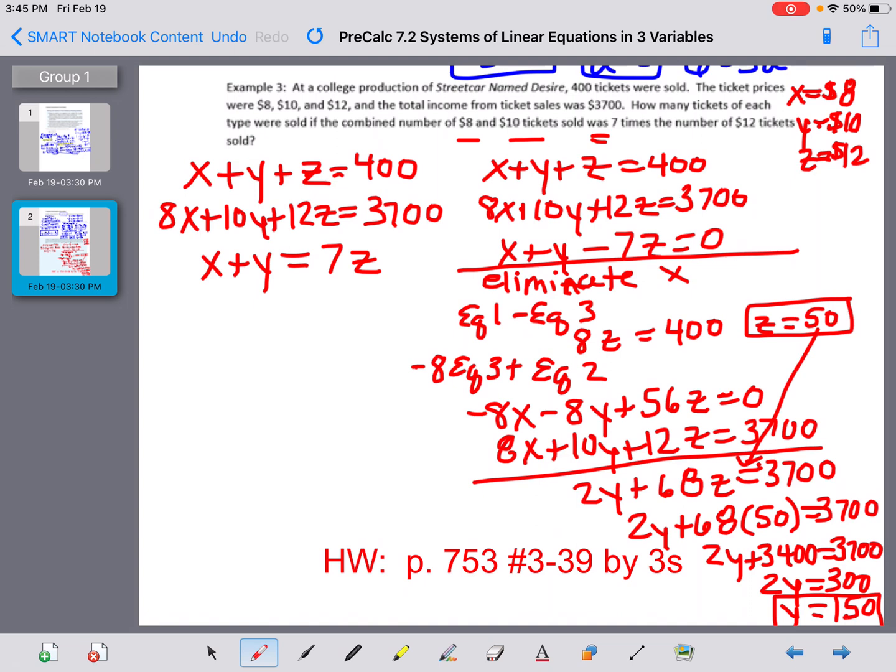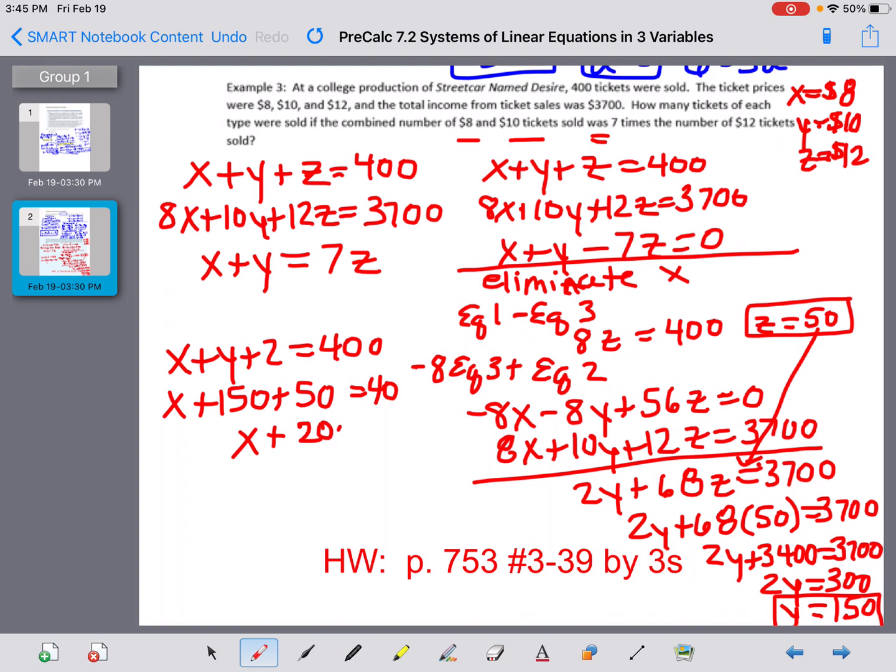And that leaves me with one to go, which is my x. So x plus y plus z equals 400. My x I don't know. My y is 150. My z is 50. That means x plus 200 equals 400. Subtract, and x equals 200. Okay, so what does that mean?